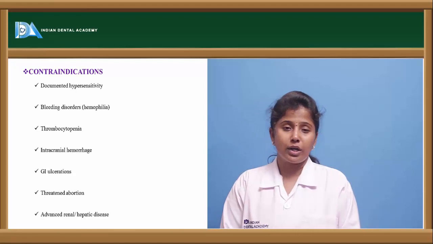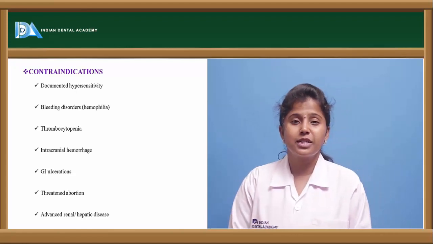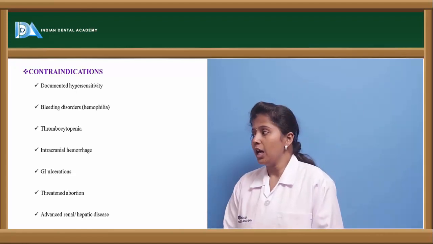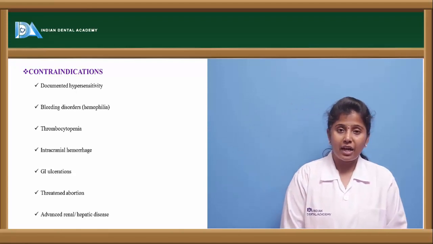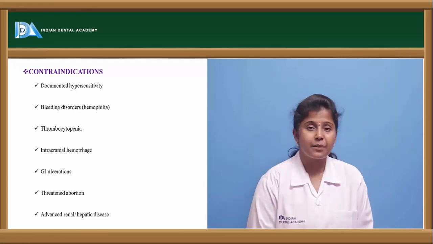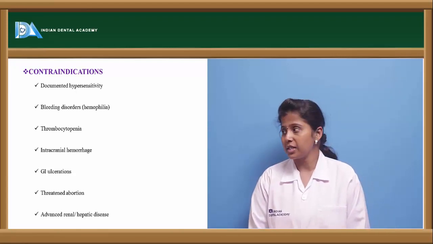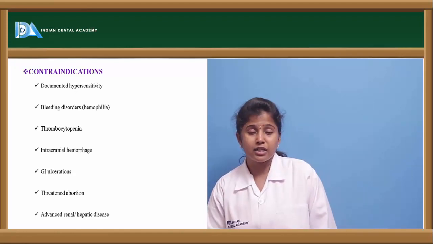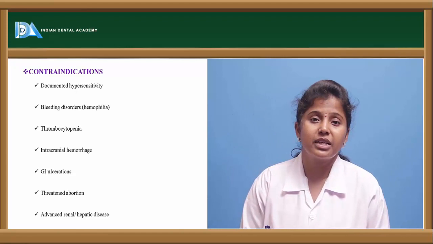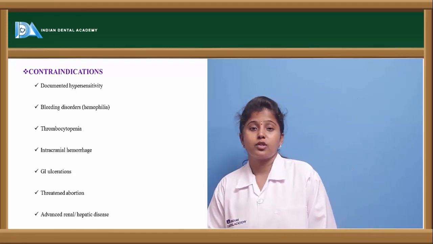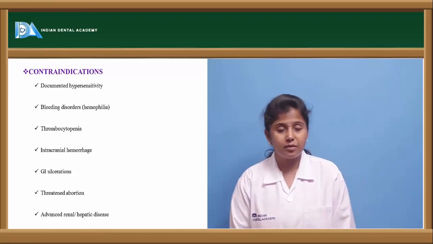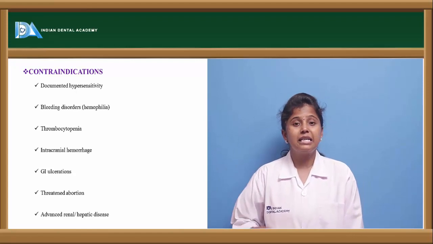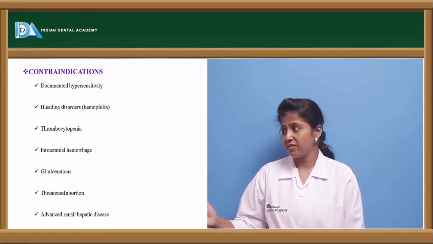Now let us see the contraindications. When should heparin be contraindicated? It should be contraindicated in hypersensitivity reactions, because heparin can potentiate the anaphylaxis, and we should not give this in hemophilia conditions. Hemophilia is where there is decreased blood clotting, leading to excessive bleeding.